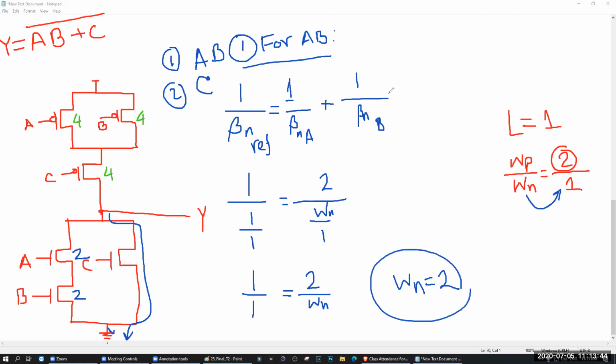Now for C. Since C is the smallest one, we will find out. Since they are not equal, we have to do this twice.